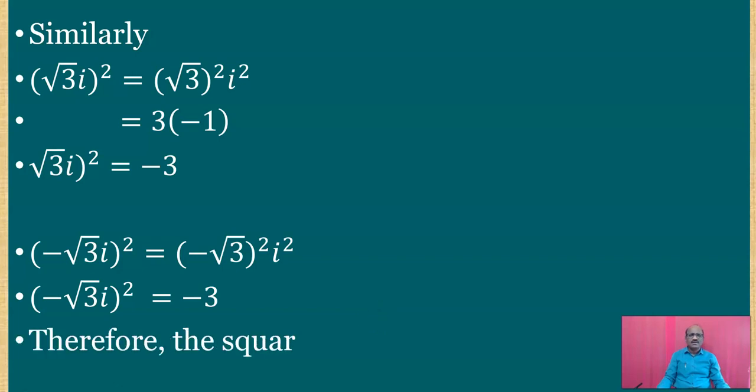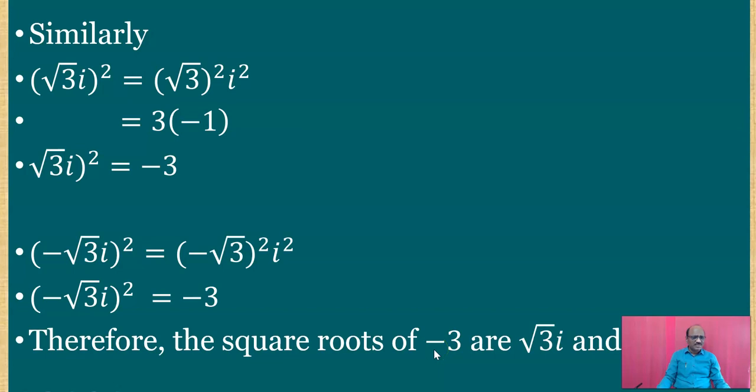Therefore, the square roots of minus 3 are root 3 i and minus root 3 i. We get the two square roots.